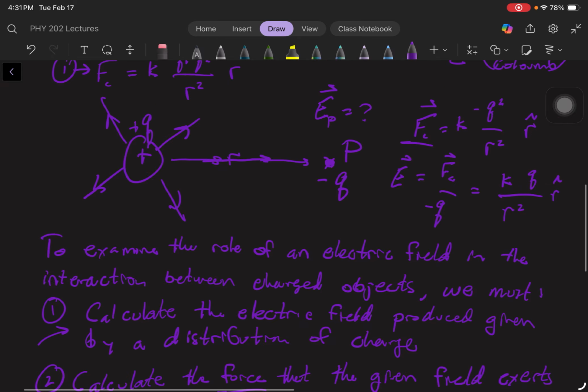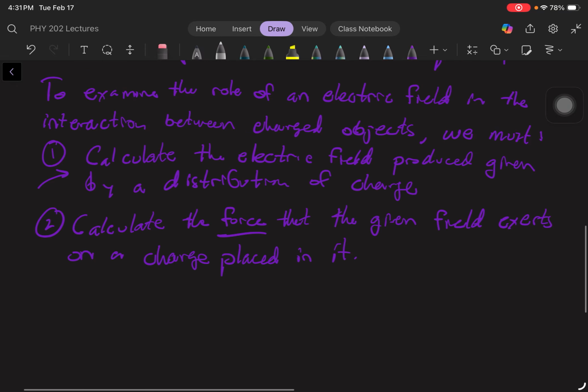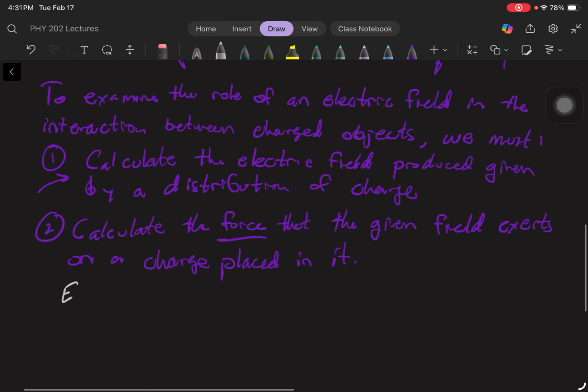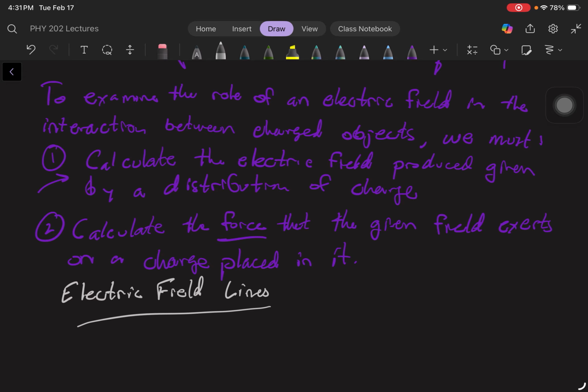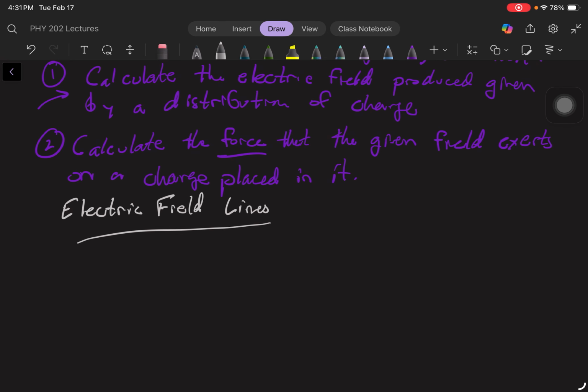As we kind of saw up here, I drew these electric field lines. Let's discuss how those work briefly. There's, I think, just two rules. First is they point from positive to negative.